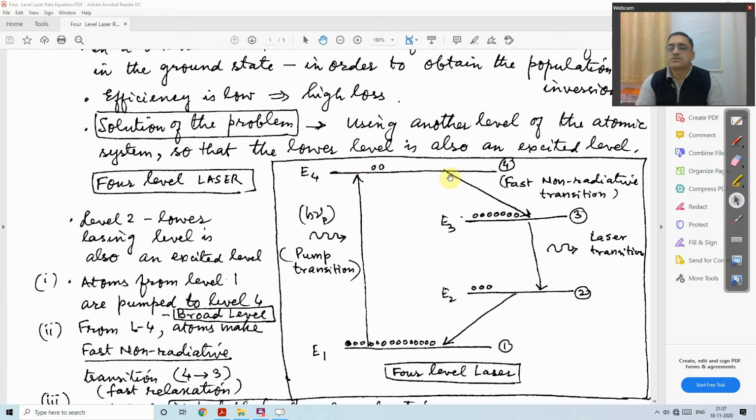Then a fast non-radiative transition takes place from 4 to 3.